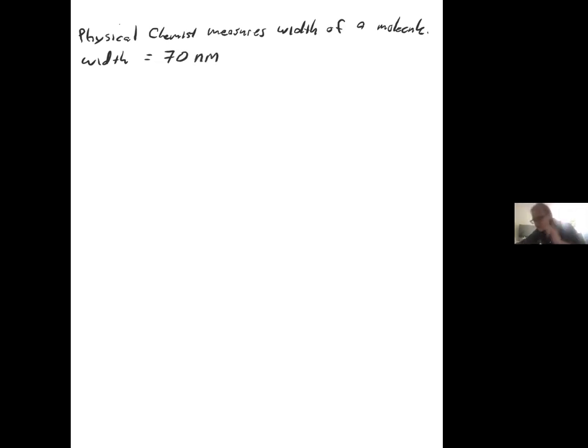What is the width in meters? And write your answer in scientific notation.